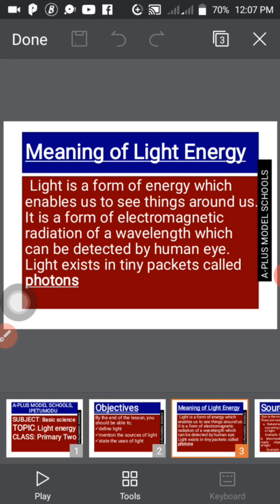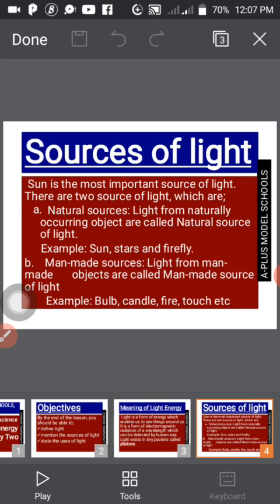Every day we see light from different sources. So we are moving to that now. Sources of light. The sun is the most important source of light.